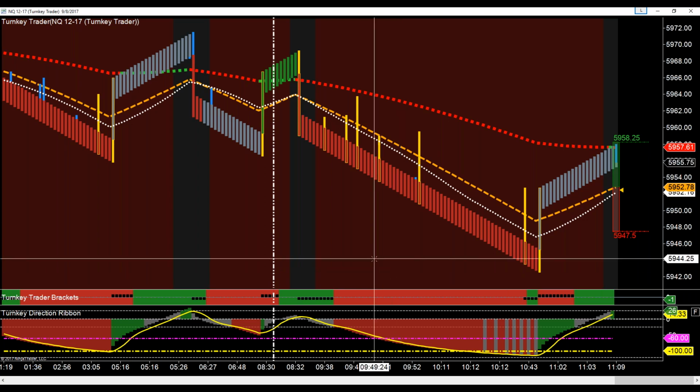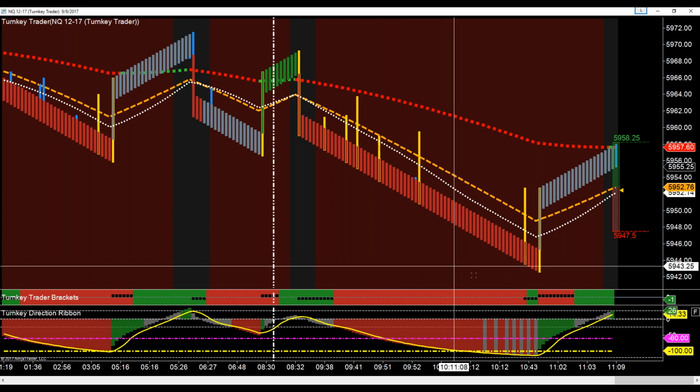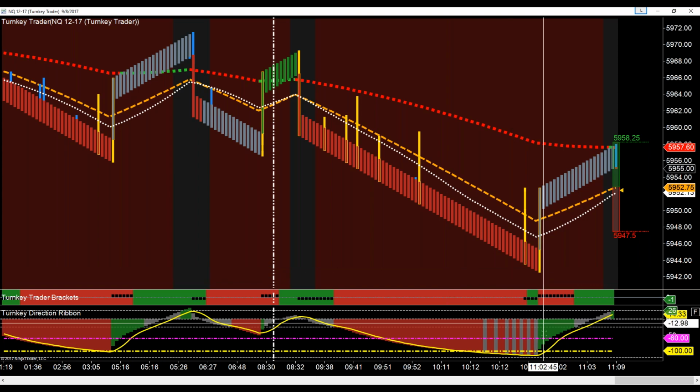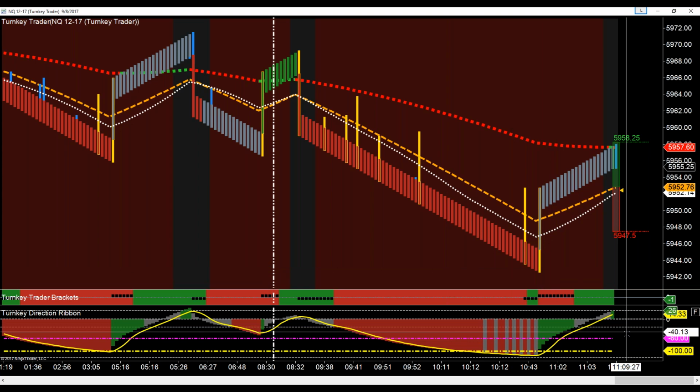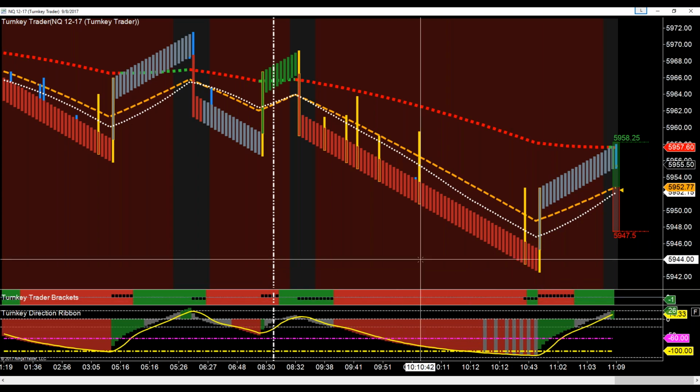And it goes for trend trades or bounce trades, and more specifically, the bounce trade. When we come from an extreme and it skims off the 0 line, it's a very, very powerful setup.